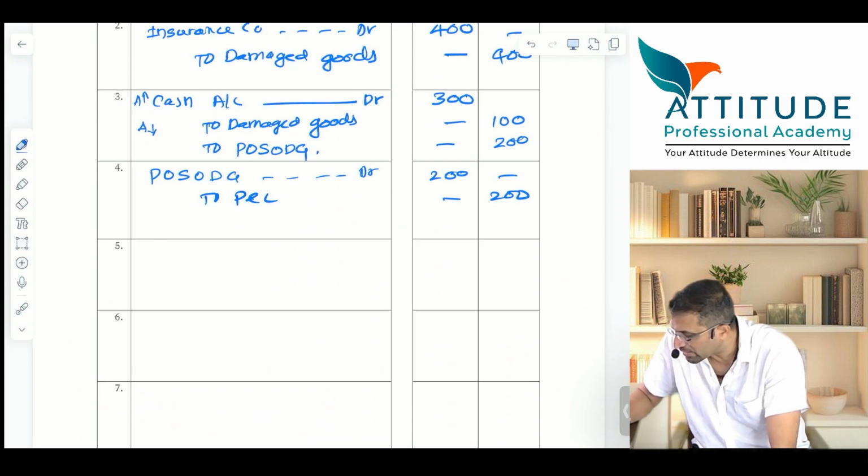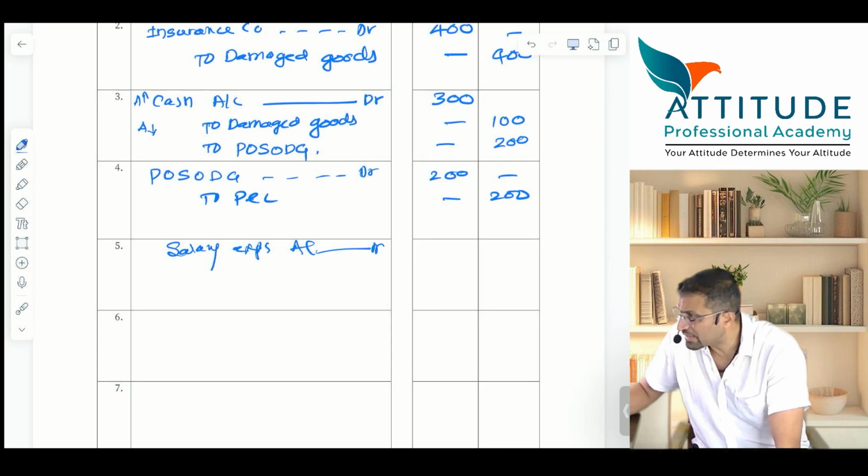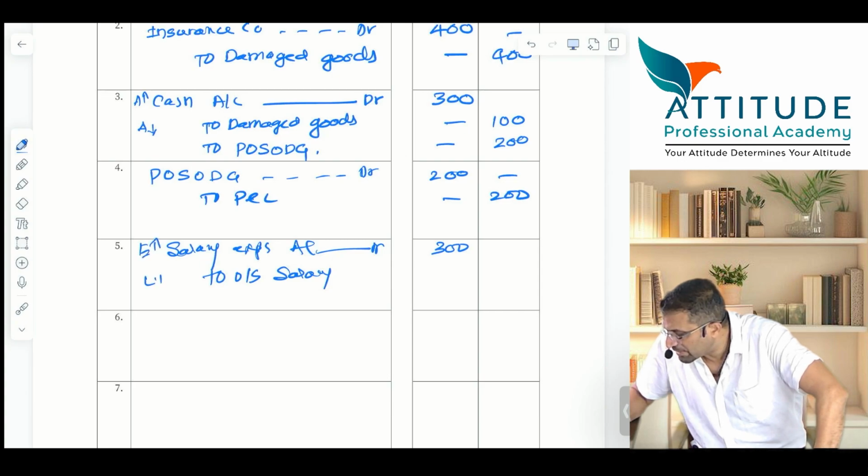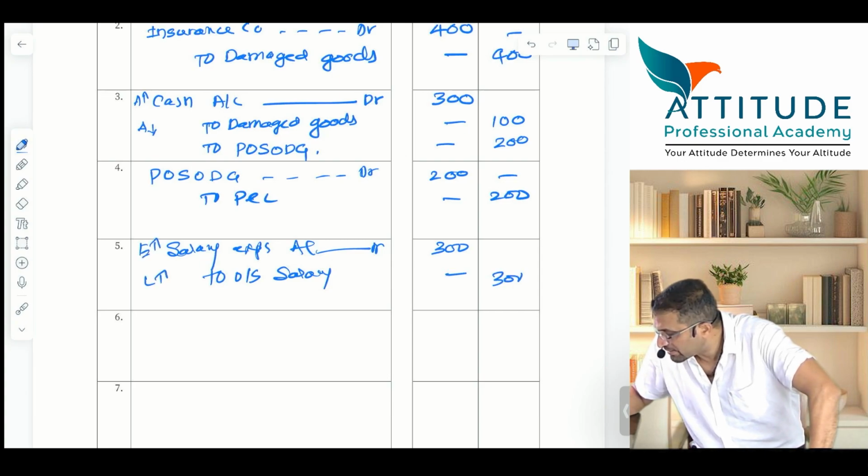Tell me, salary expense account debit. कितना था अमाउंट? 300 to outstanding salary. Liability increases. Here expense increases. Here liability also increases. 300.